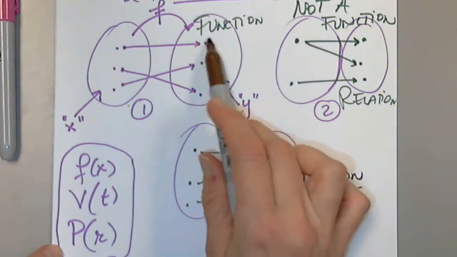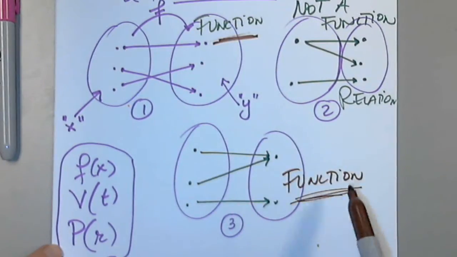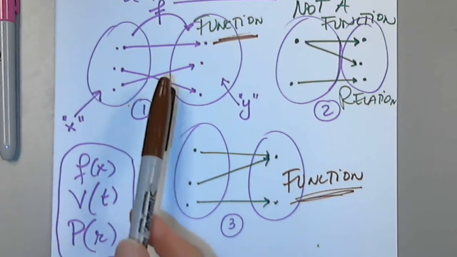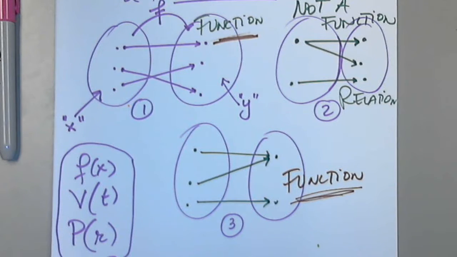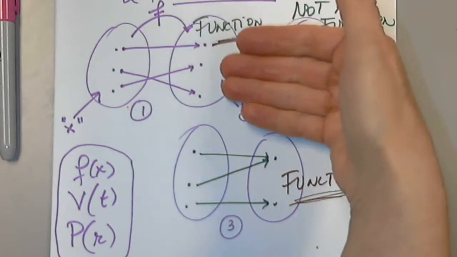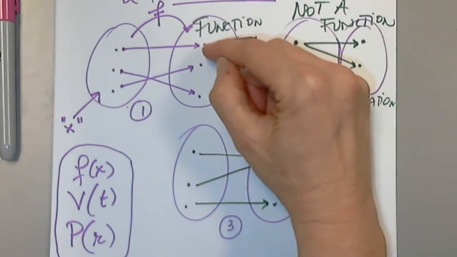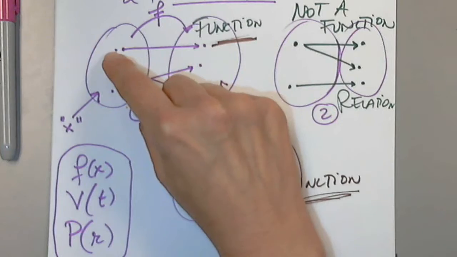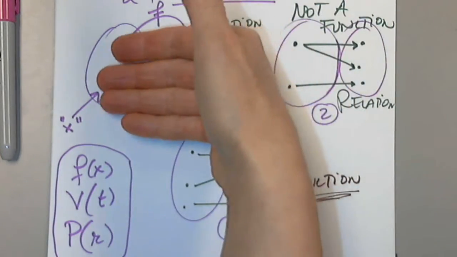Now, there is a difference between scenario 1 and scenario 3. They are both functions. Scenario 1 has a property that 3 does not have. Here's the property that I'm talking about. If I decide to go backwards, let's say this is x and this is y, can I create a function?